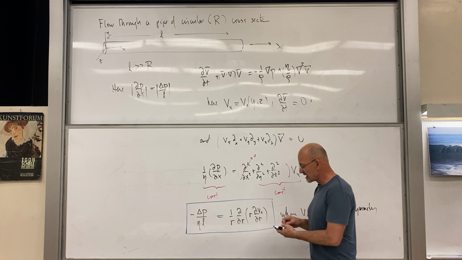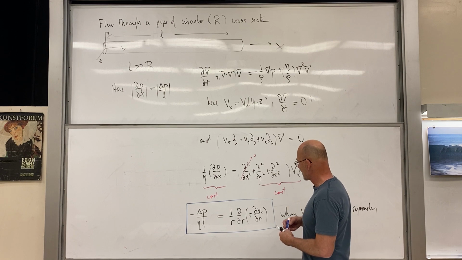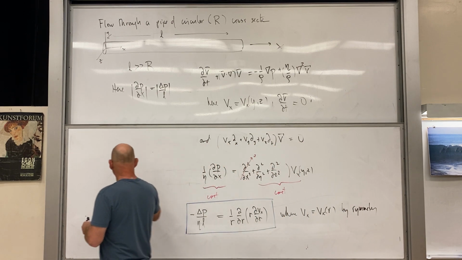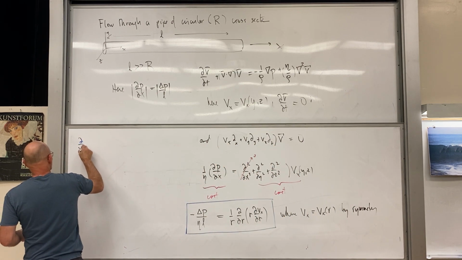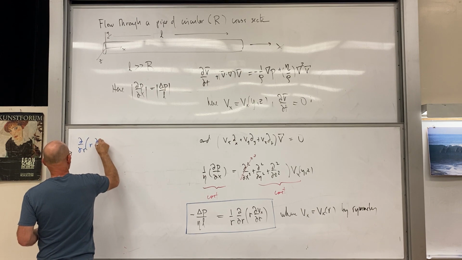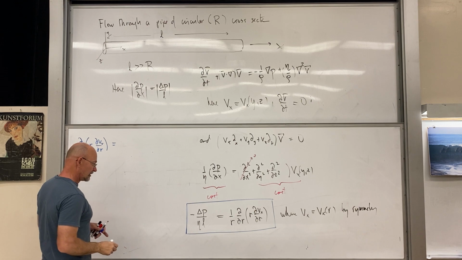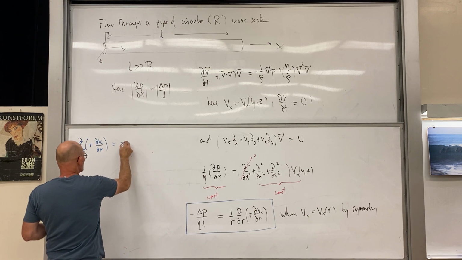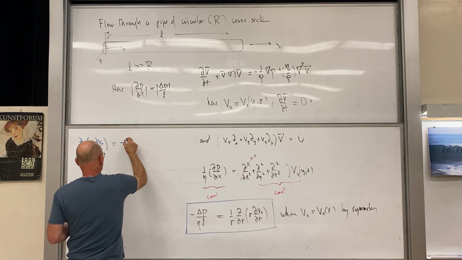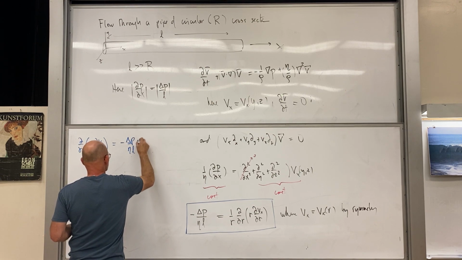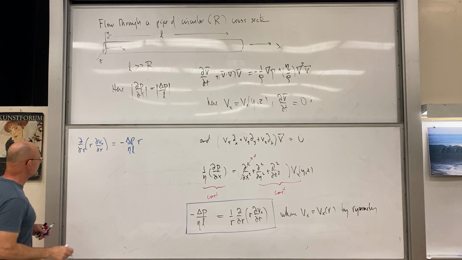So since this is a constant here, we can just do this in a couple of steps. We have d over dr of r dvx dr equals minus delta p over a to l times r. That's our first step.